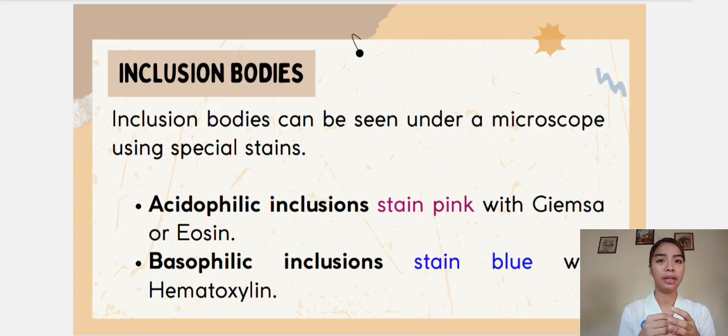So acidophilic inclusion bodies stain pink, and acidophilic means they can bind to a stain that is acidic, and basophilic inclusions stain blue because they can attach to a basic stain. One is acidic, and one is basic.